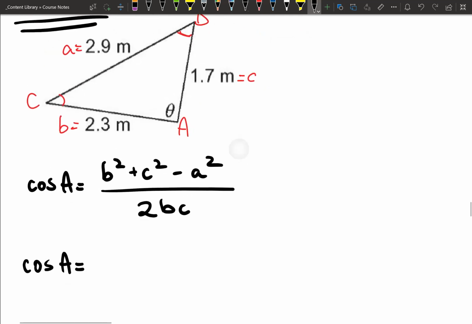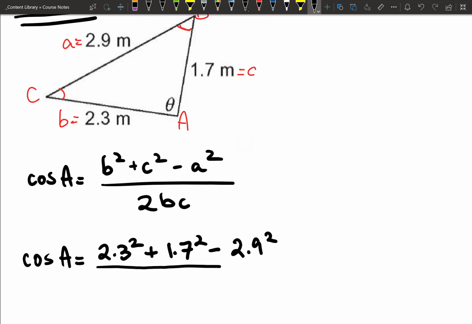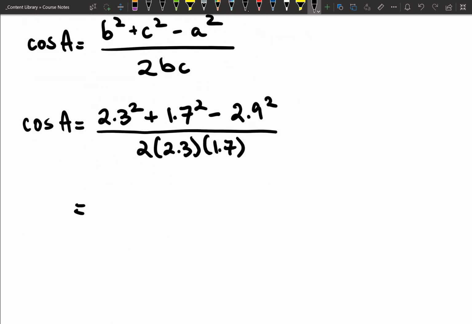Just work out the mechanics of following this formula. So B squared is going to be 2.3 squared plus C squared, which is 1.7 squared, minus A squared, so minus 2.9 squared, all divided by 2 times B, which is 2.3, times C, which is 1.7. Okay, and so take a calculator and calculate all that out.